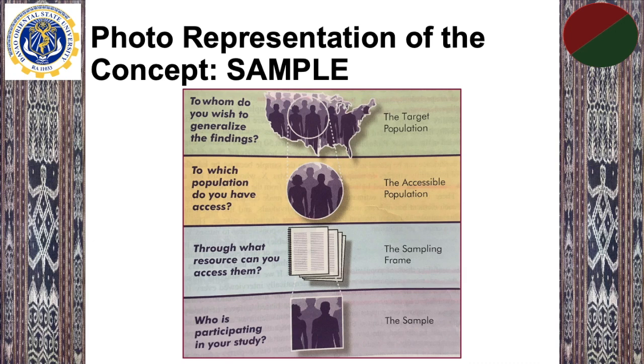Once the researcher has selected the target population, the researcher has to ask whether this target population, in terms of its characteristics or attributes, is accessible to the researcher for the collection of data or information. This becomes the accessible population. The researcher now would ask if there is an available list of the entire population that would serve as the basis on how to select a certain element or group of elements to become the sample of the study.